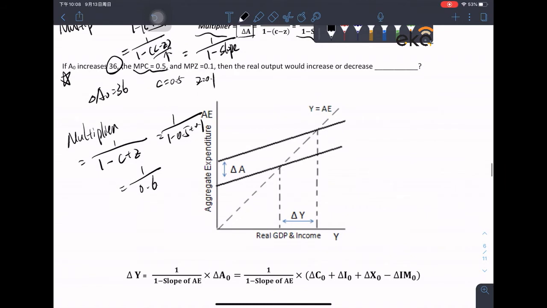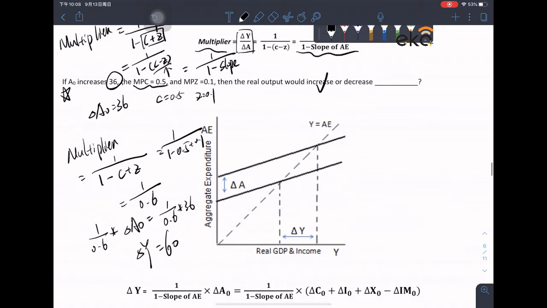Then we use the multiplier, 1 over 0.6, times the change in A0, which is 1 over 0.6 times 36. This is the change in Y, and this is 60. So it would increase by 60, okay?